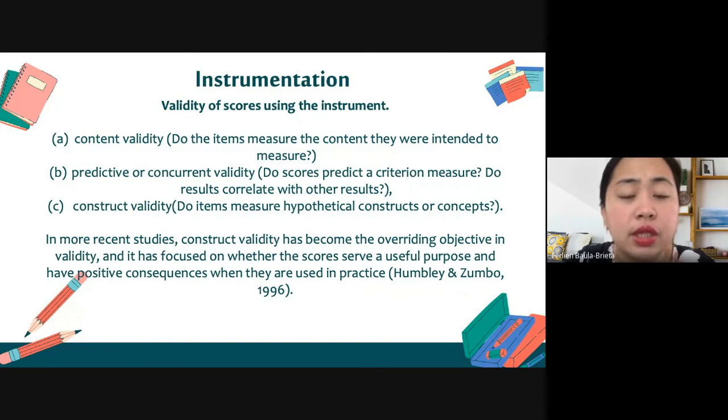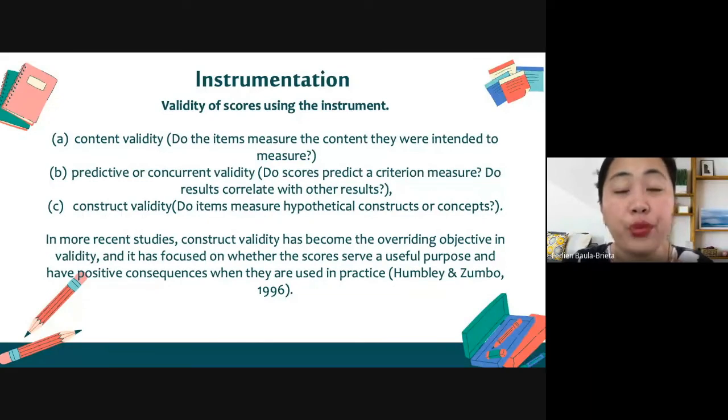In more recent studies, construct validity has become the overriding objective in validity, and it has focused on whether the scores serve a useful purpose and have positive consequences when they are used in practice.